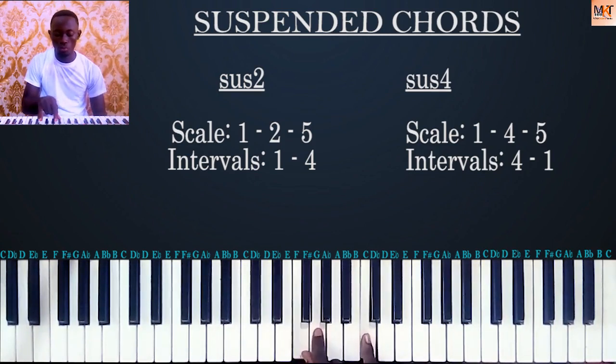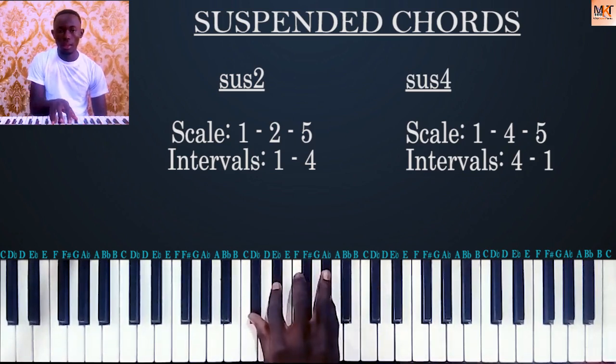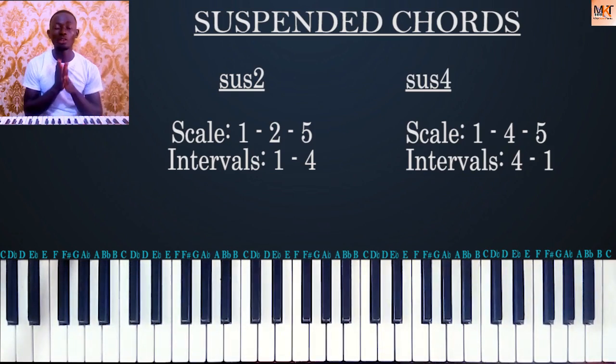F sus2, F sharp sus2, D flat sus2. And then we've also got sus4 chords, and that's the same as this, but the intervals have been interchanged. Instead of the second note, hit the fourth note.